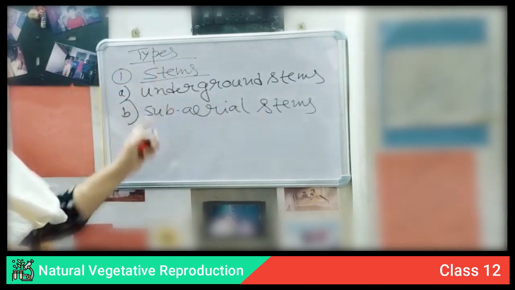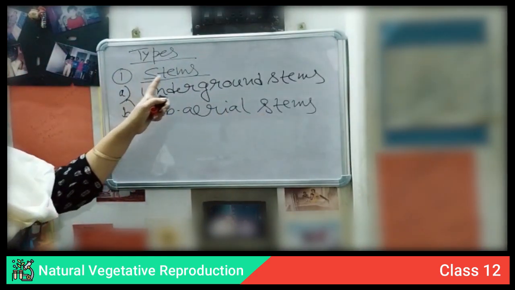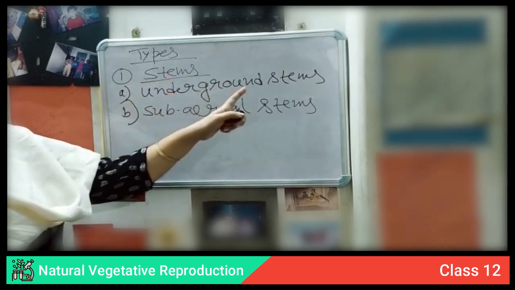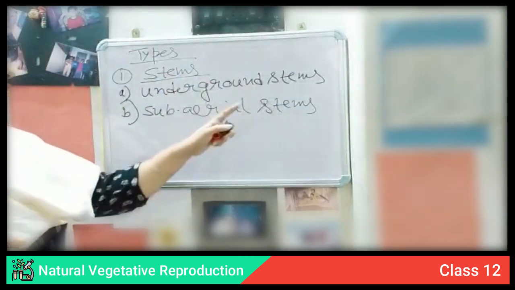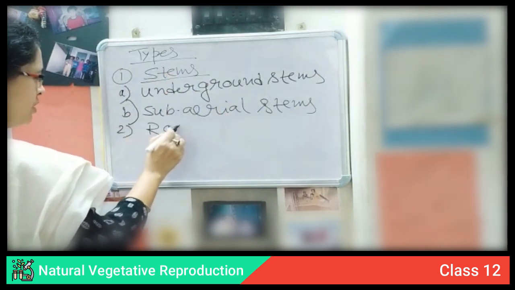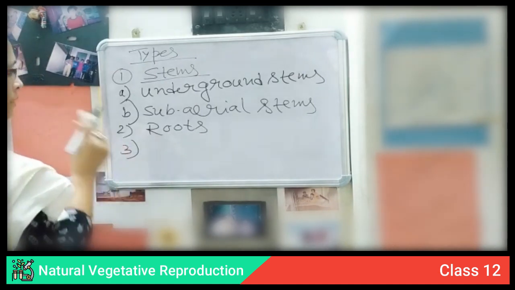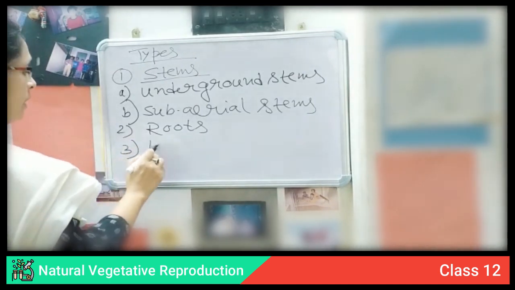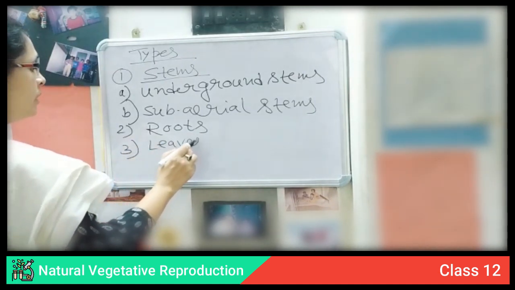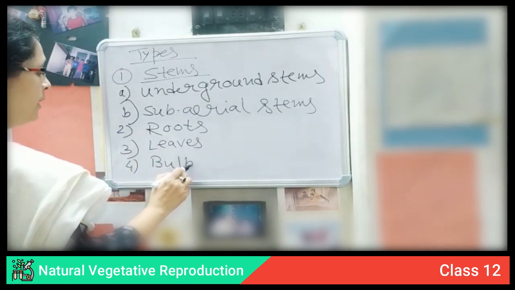Okay, so vegetative propagation through stems is of two types: through underground stems and through subaerial stems. Number 2, by roots. Number 3, by leaves. Number 4, by bulbils.